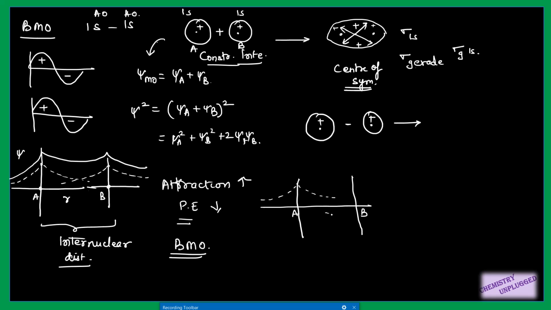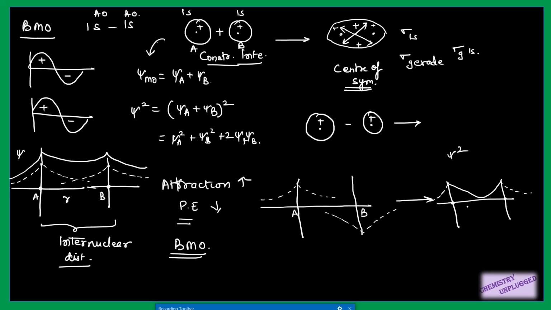So suppose like this. Here it will not affect because these two are not mixing together, but in this part these two functions have opposite signs. So when they mix together, there is a net decrease in the electron density here. When we take the square of it, we first write only psi square, and the net electron density will be decreased here like this.